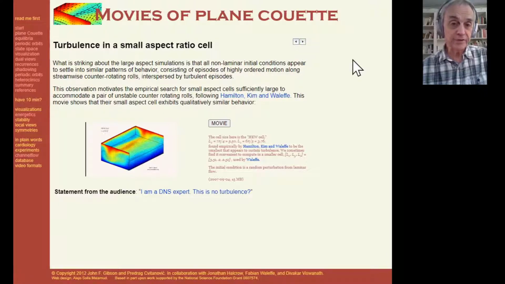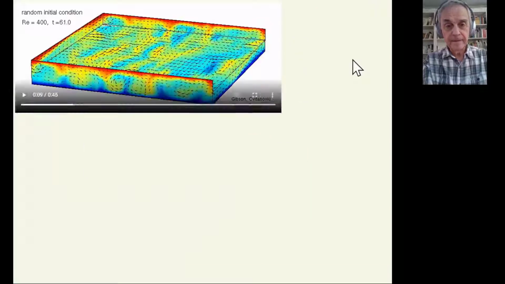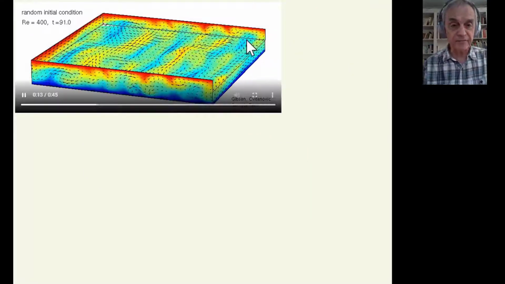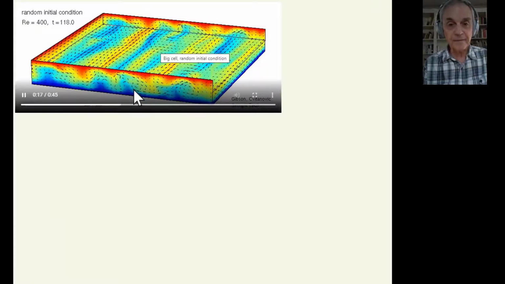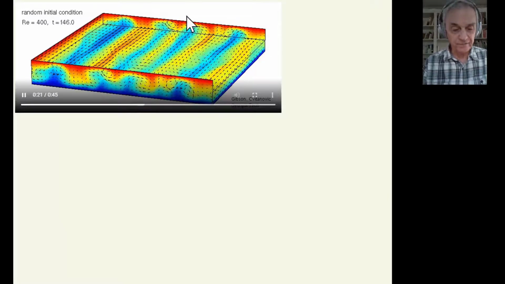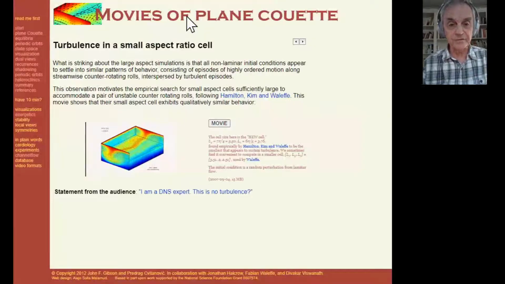But when you do simulations and you don't have a good theory, what people do is they say, well, when I look at this thing, I see that there is a characteristic scale. It's roughly the distance between the walls in this case. So can I make something that captures one or two of these rolls, and is relatively small, so I can compute it? That's called a minimal cell.